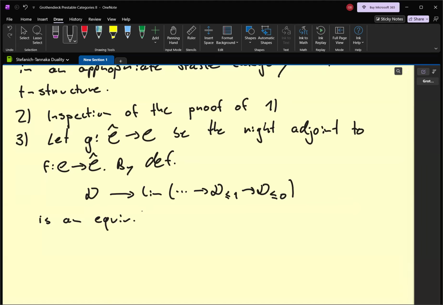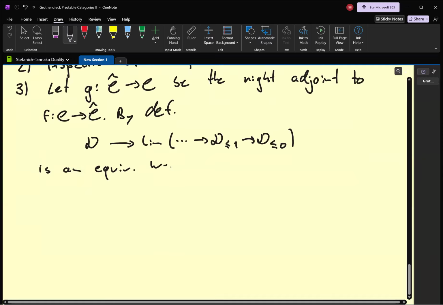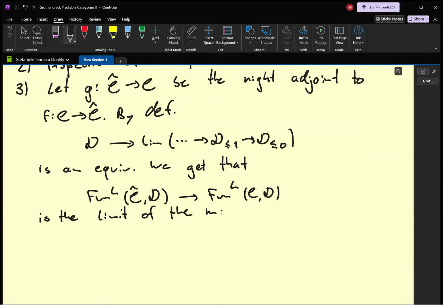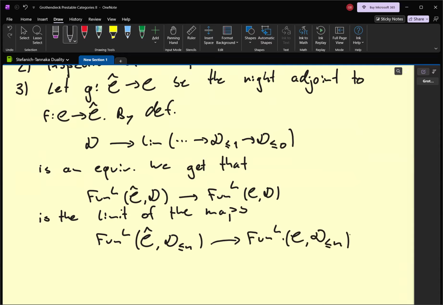So what we now get is that this map that we're interested in is the limit of the maps here, where we restrict to the truncated parts of D. So from C hat to D, like this.